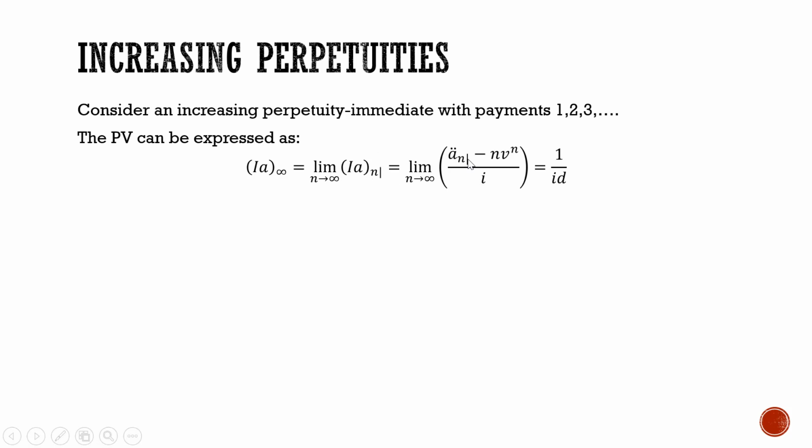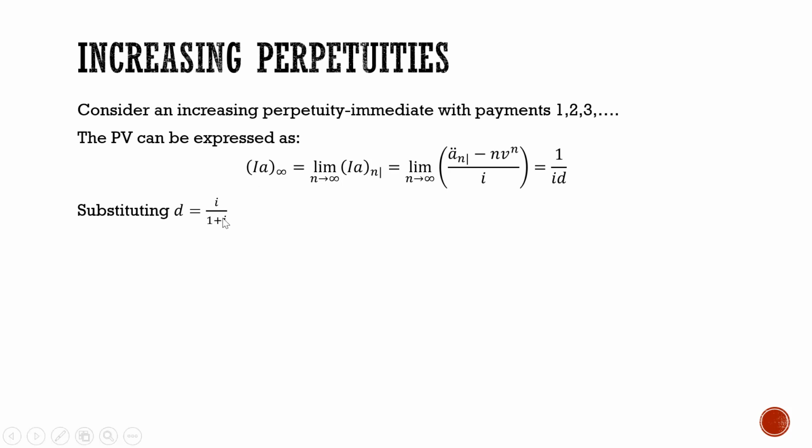I-A-N is (A double dot N minus N V to the N) over i. Now the limit of A double dot N is 1 over d, and the limit of N V to the N is 0. So we have 1 over i d as the answer for I-A-infinity.